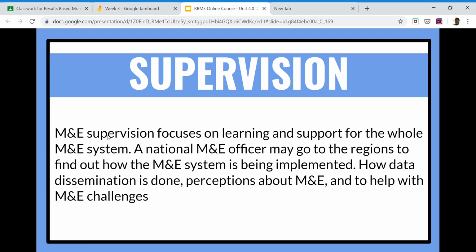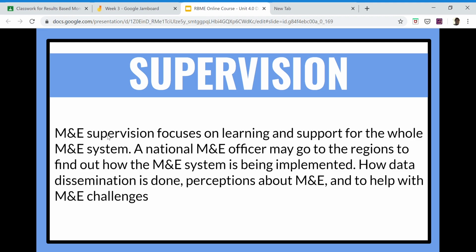It could also be, yes, the person in charge of supportive supervision making sure that the evaluation officer is able to design a proper terms of reference for a particular evaluation.